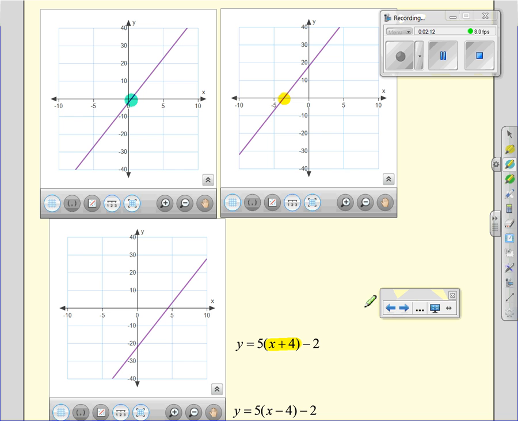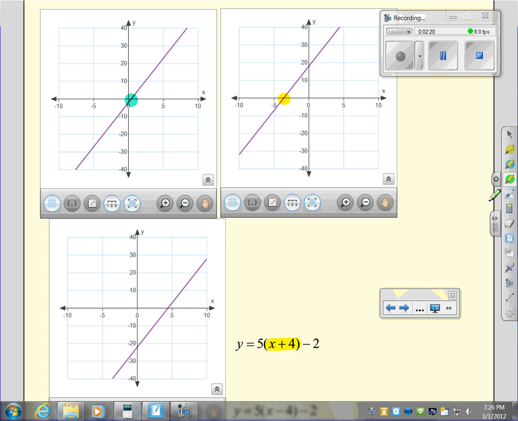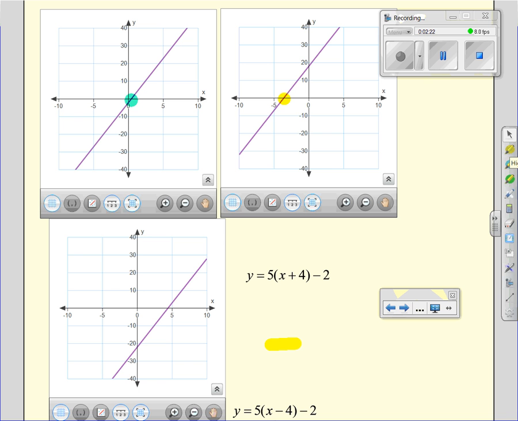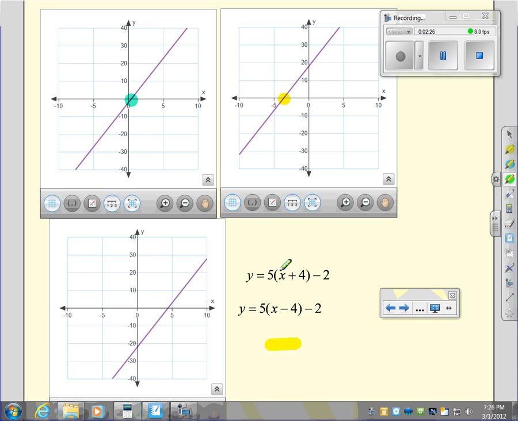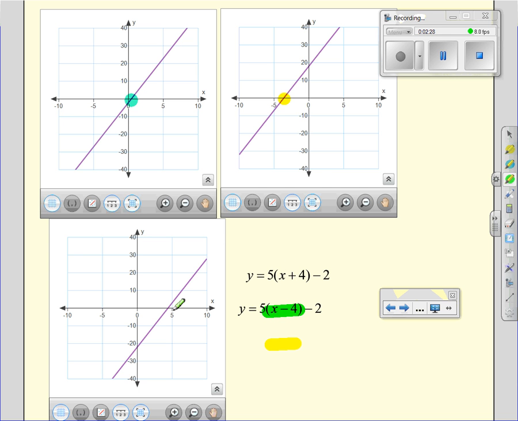And with your x values, you find opposites: if it's plus 4 in the brackets, it means you're really subtracting, moving it to the left. And if we look at the third equation, which is not plus 4 but minus 4, and I'll use green to highlight that there, minus 4 means we move 4 to the right, comparing it to the original blue x-intercept. And so that is the horizontal shift.